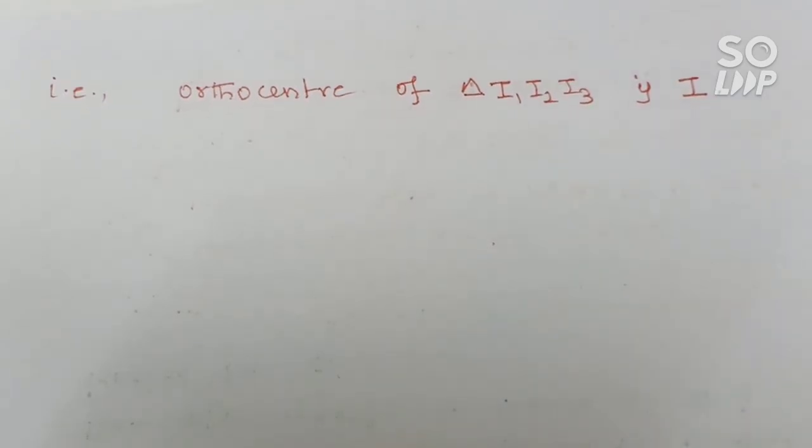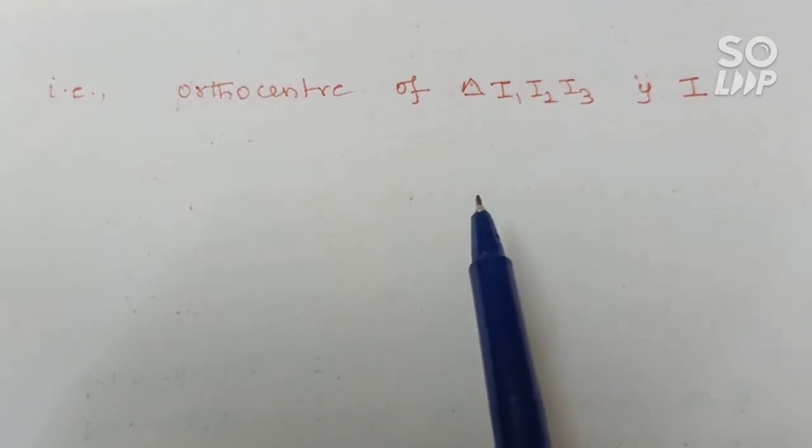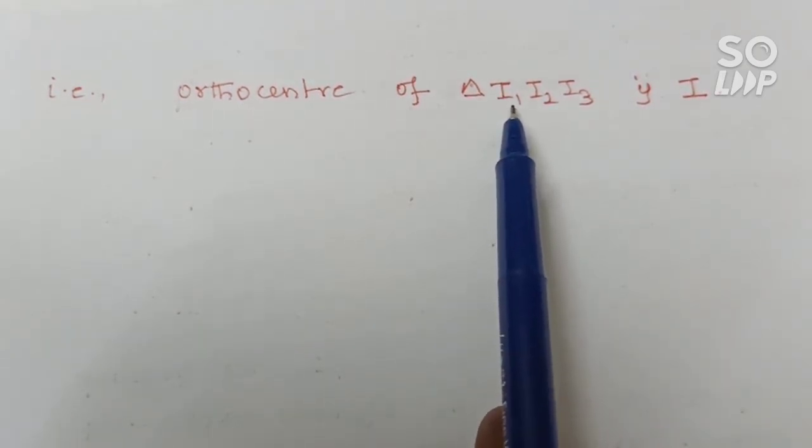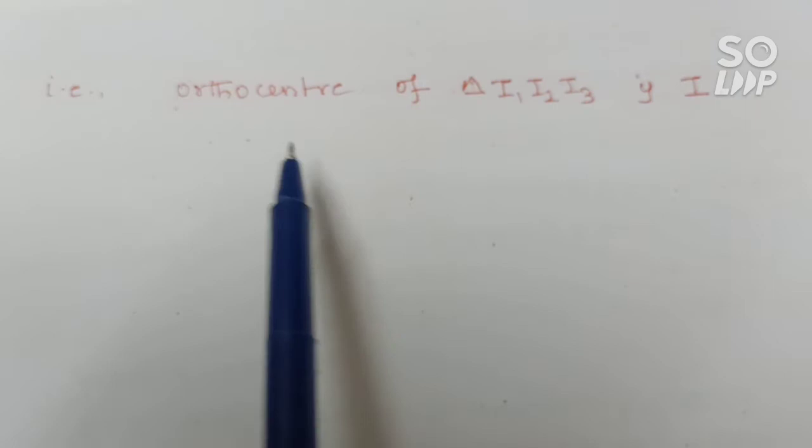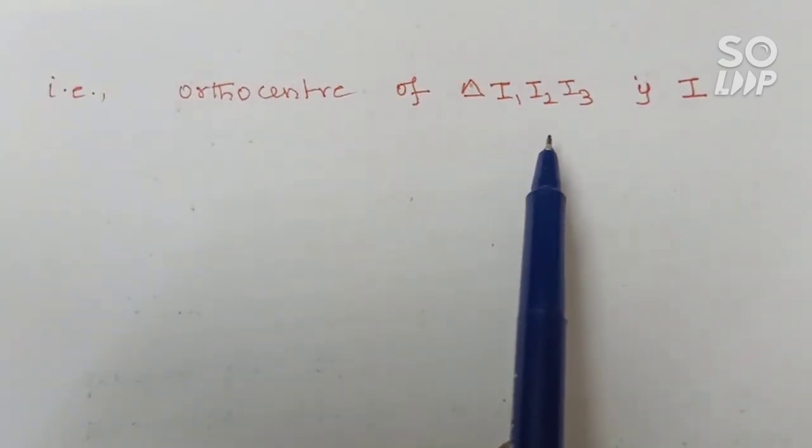I is nothing but the incenter of the triangle whose excenters are I1, I2, I3. So you remember this formula.